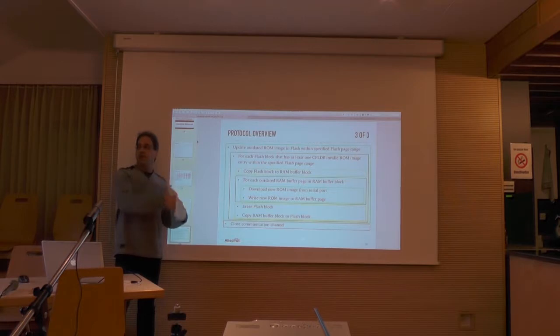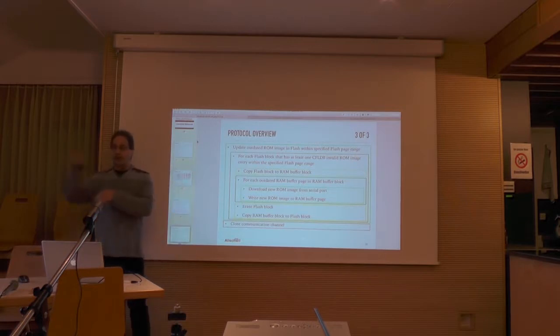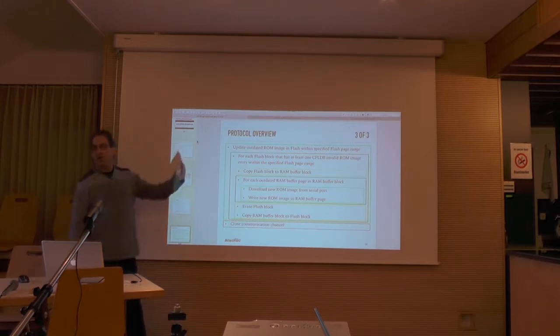For each block you have to do this: copy the block into RAM, download, update the RAM, and then erase flash and copy back. So this is for all the flash blocks that need to be done.